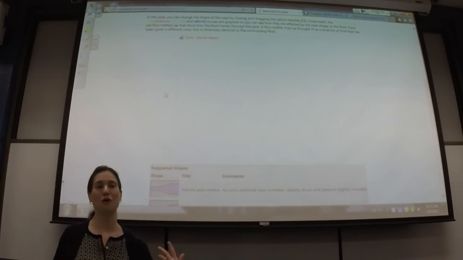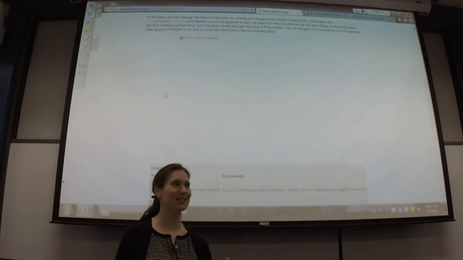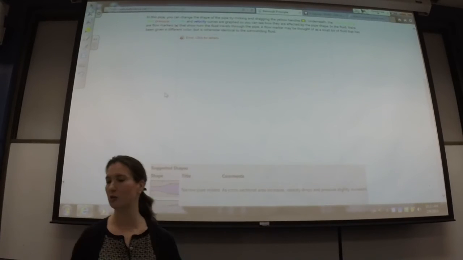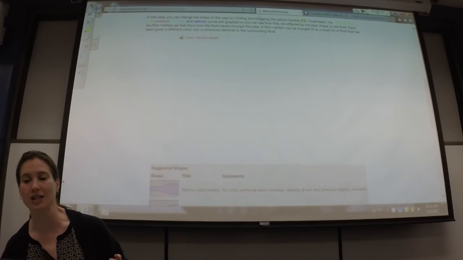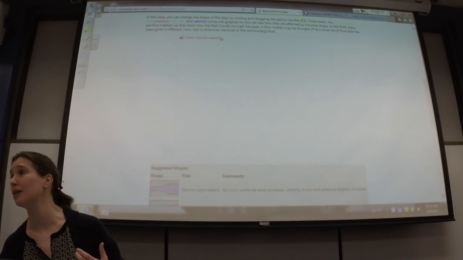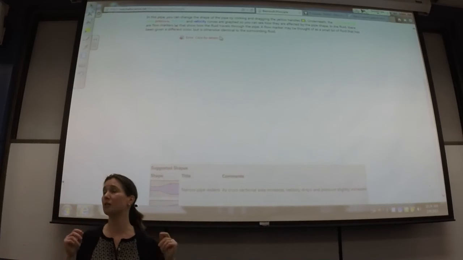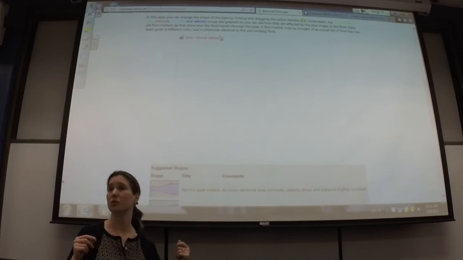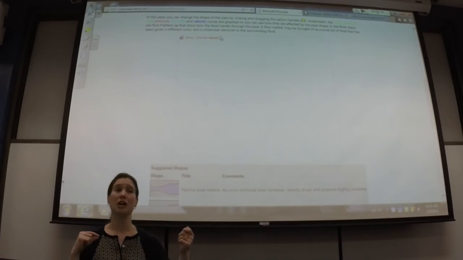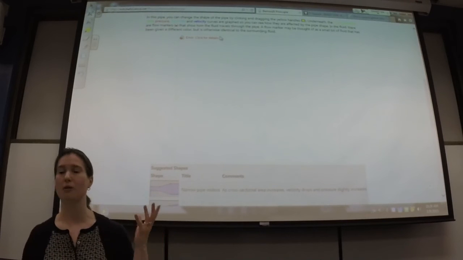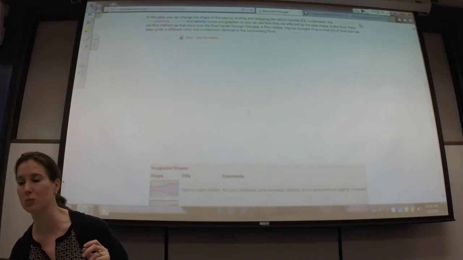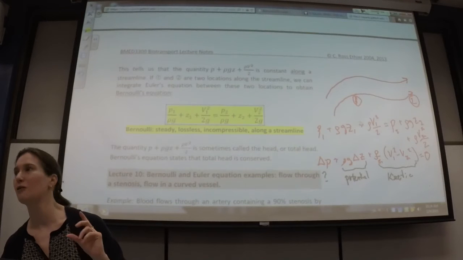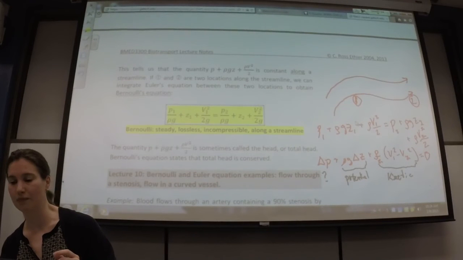I can't override the security settings for Java on this computer, so I can't show it to you. However, I got to this just by doing a Google search on Bernoulli and applet. And the first few ones, there are several of those that I've used in past semesters, you can pull those up and look at them. It's really nice to play around and try to get a better feel for these relationships between pressure, velocity, and flow rate.